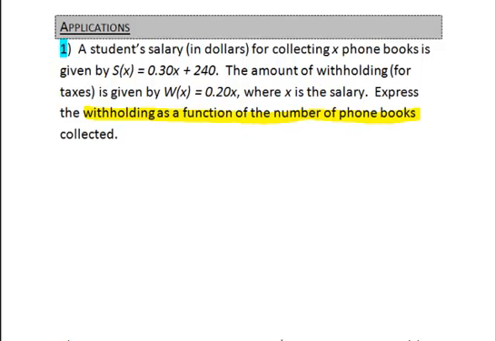So the number of phone books is going to be our variable. So how would we go about doing this? The salary is 0.3x plus 240, and that's for x phone books. And then the withholding would be 0.2x, where x is the salary.